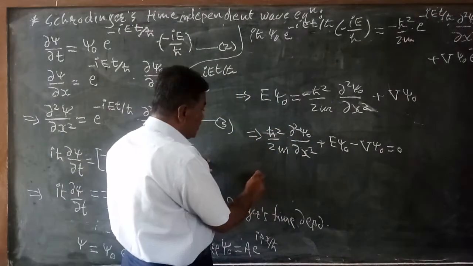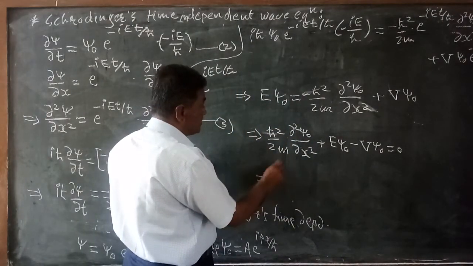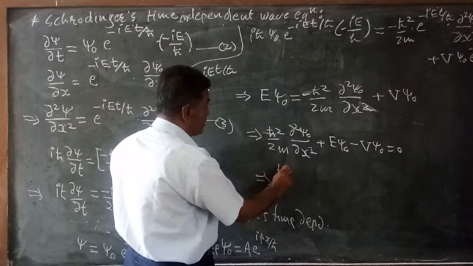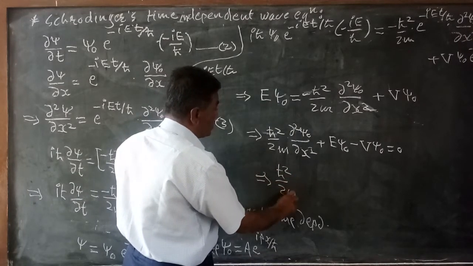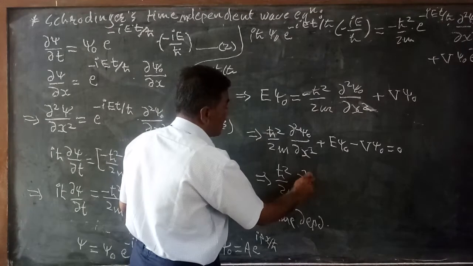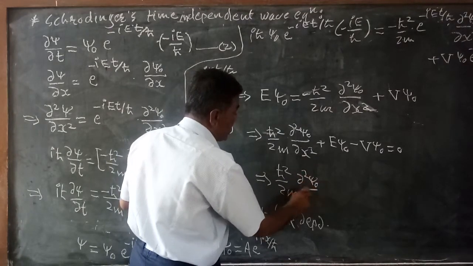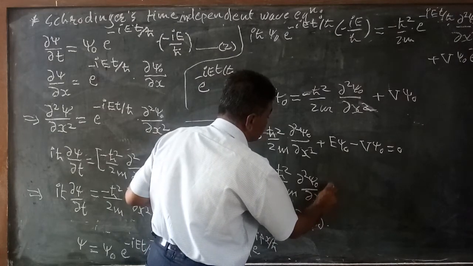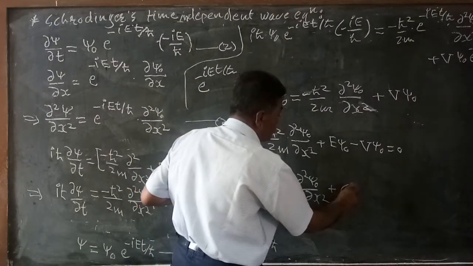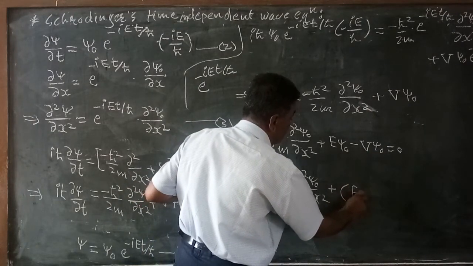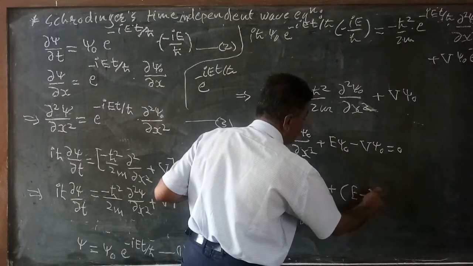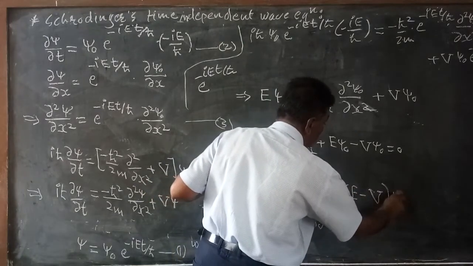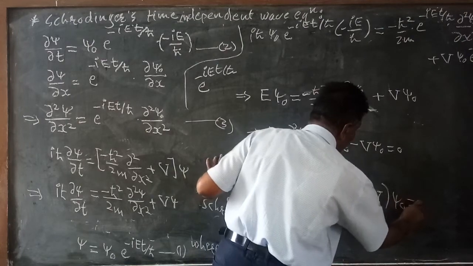Now this will be equal to minus h cross square divided by twice m d square psi 0 divided by dx square here, plus we will take common psi 0. So E minus here is nothing but phi psi 0 is equal to 0.